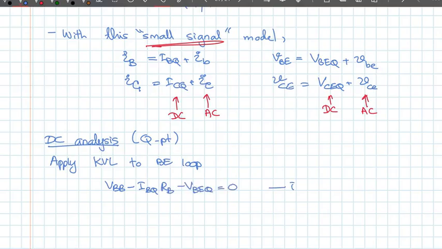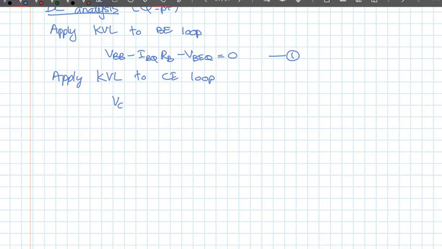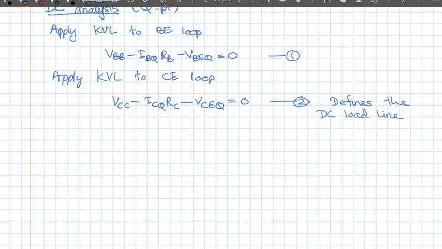So let me mark this as 1 and apply Kirchhoff's voltage law to the collector emitter loop. We have VCC minus ICQ RC minus VCEQ equals 0. Let me mark it as equation number 2. So these are the DC conditions, and this actually defines the DC load line, because this is a relationship between ICQ and VCE.